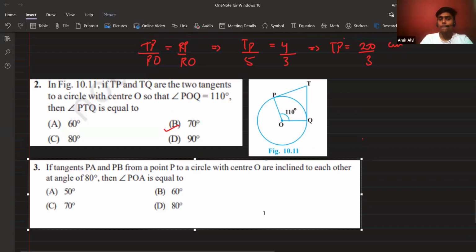Solve this. If the two tangents PA and PB from the point P to the circle with center O are inclined to each other at an angle of 80 degrees, find angle POA.